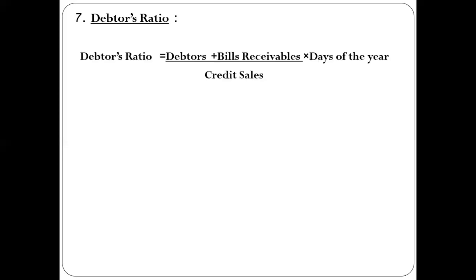Now we'll see the last ratio, that is debtors ratio. Debtors ratio will be debtors plus bills receivable divided by credit sales into days of the year. So in 2011, it is 50,000 divided by 2,70,000 into 365 days. The days will be 67.